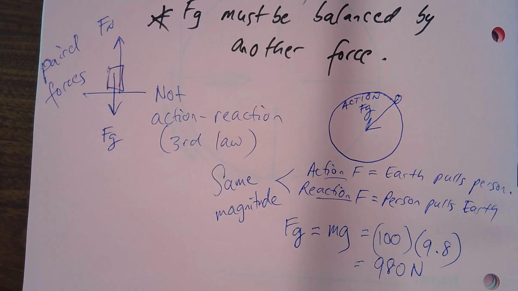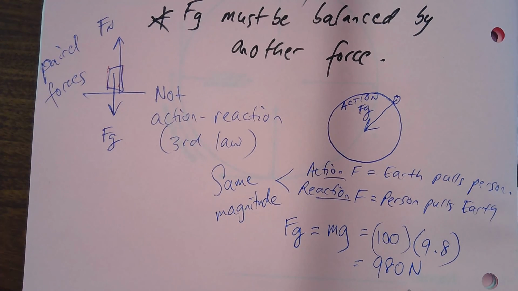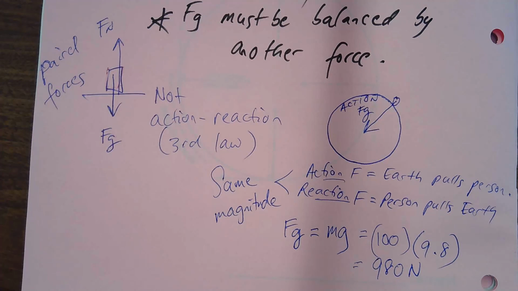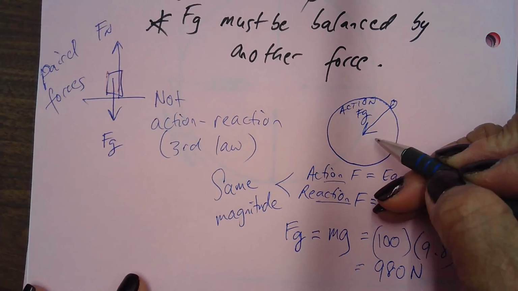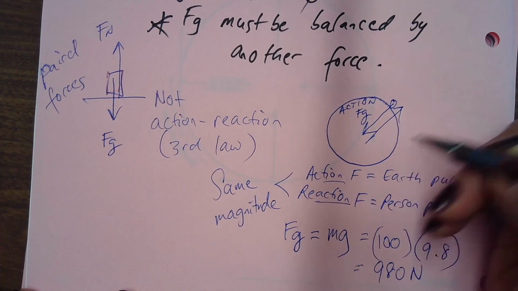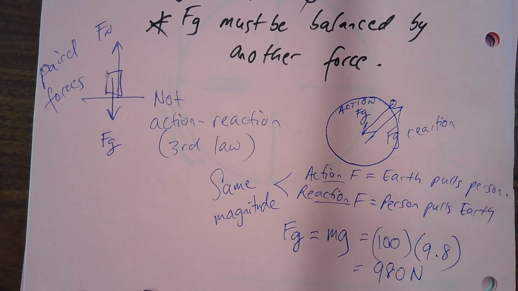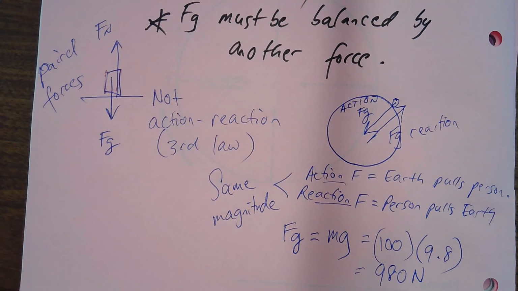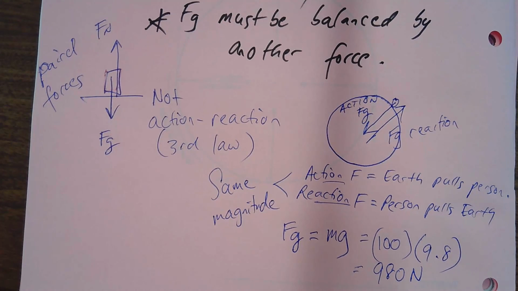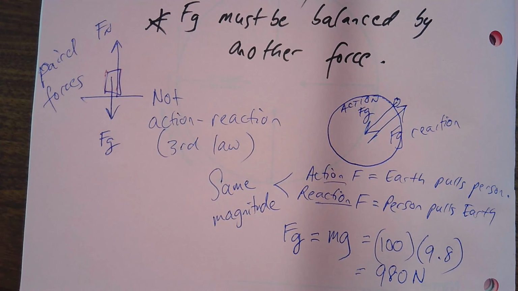The Earth pulls you down with 980 newtons, and you pull the Earth up with 980 newtons of force as well. But then you go, well, how could I be pulling the Earth? So this is the real reaction right there. That Fg reaction is actually what you're doing. You're pulling the Earth up to your core with the exact same amount of 980 newtons if you're 100 kilograms of mass.